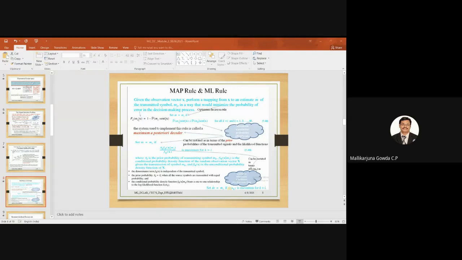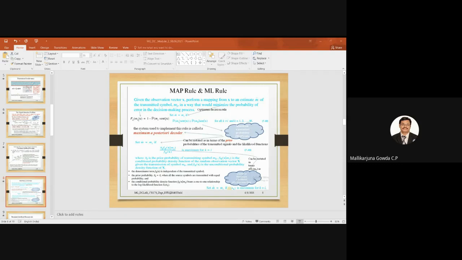What is this p of mi is sent and x is received? Any one of you can say what this is? This is the average probability of correct decision.